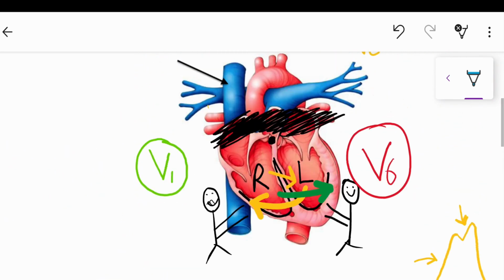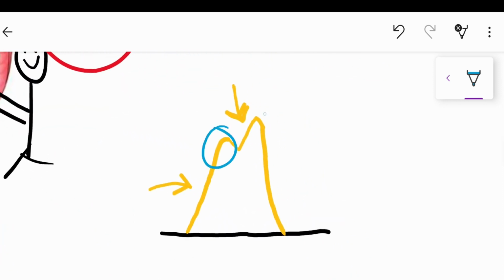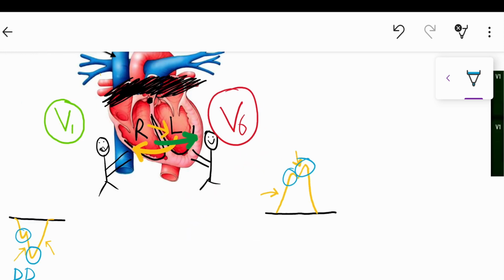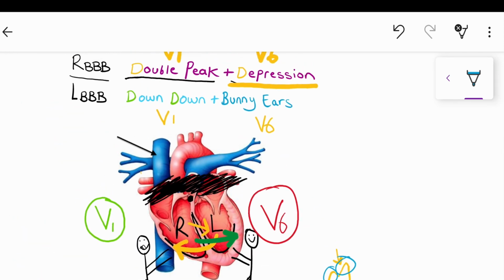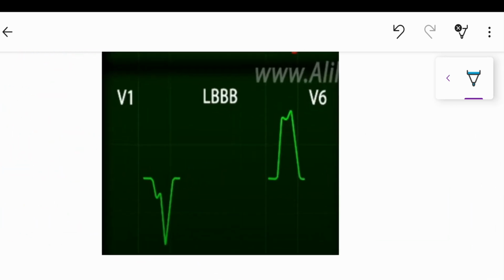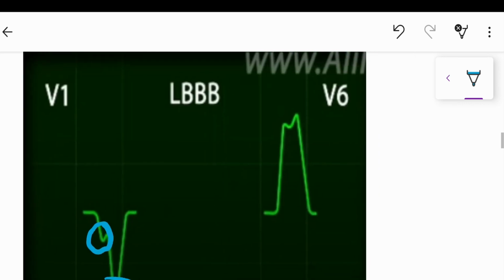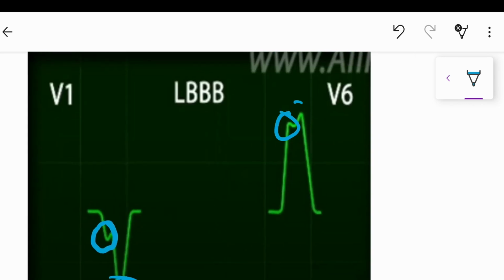And then what was the other one? Bunny ears. These are your bunny ears. V1 and V6. Now, to show you I'm not lying, here you are. V1, you're going to have your double down, number 1, number 2, and here you're going to have your bunny ears.